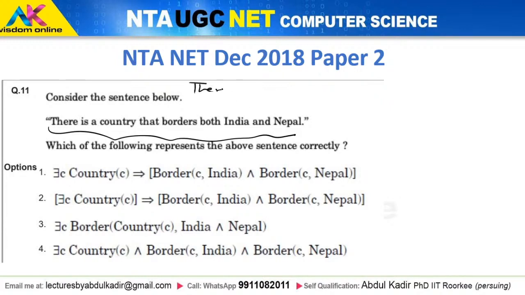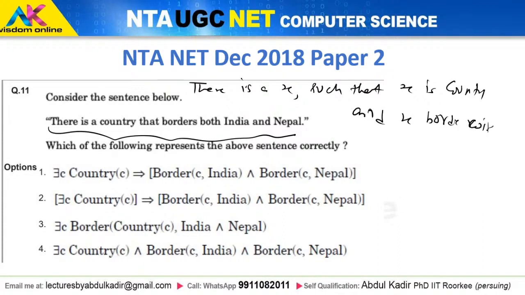You rewrite like this: there is an x such that x is a country, and x borders with India, and x borders with Nepal. Don't go by my spelling, I am just writing randomly. So this same English statement you can rewrite.